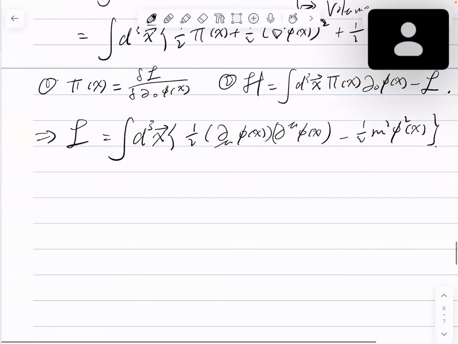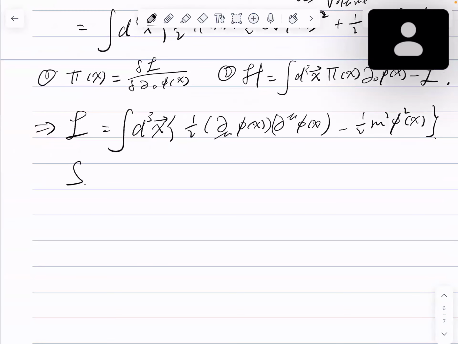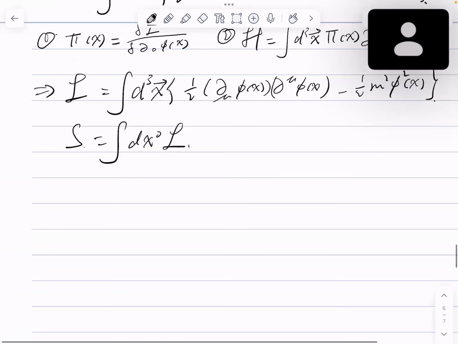And similarly the action is the integral d⁴x of L. Notice that we can just use the Euler-Lagrange equation to derive the Klein-Gordon equation. It's really simple.